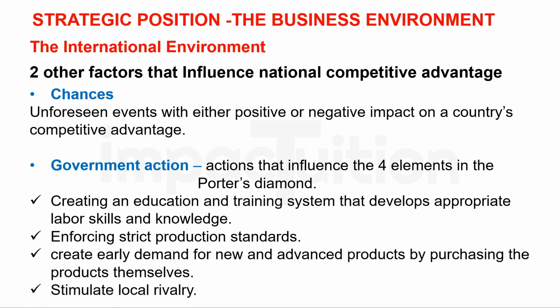These are government actions that will help influence the four elements in the Porter's diamond and thus put the country in a better position to have global dominance in certain industries.